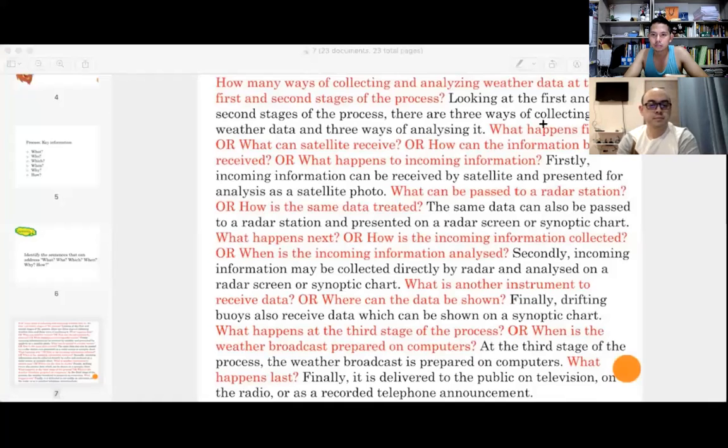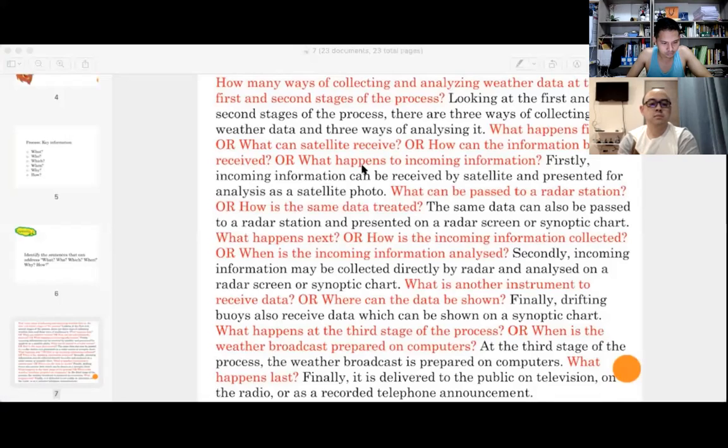So what happens first, or what can satellites receive, or how can information be received, or what happens to incoming information? Firstly, incoming information can be received by satellites and presented for analysis as a satellite photo, right? What can be passed to a radar station?